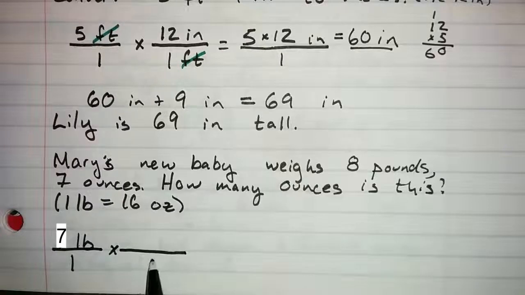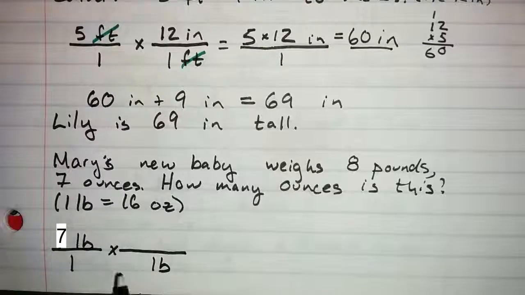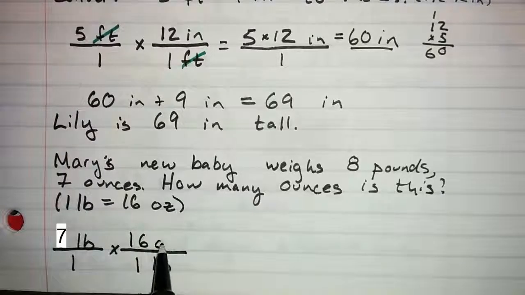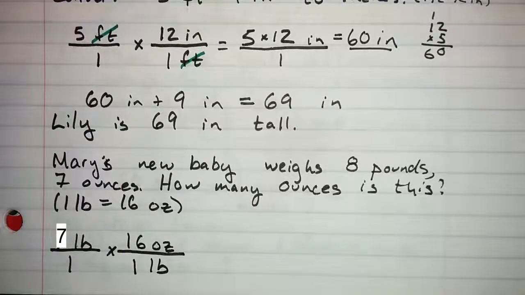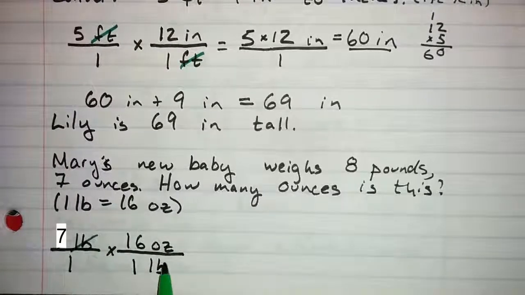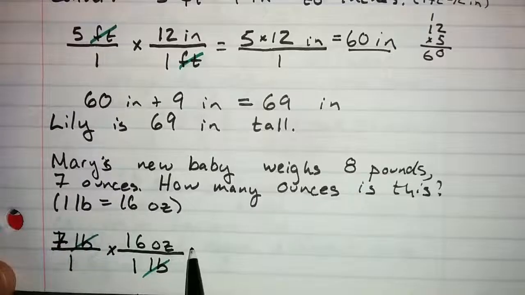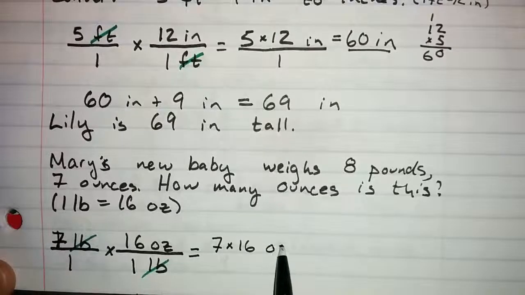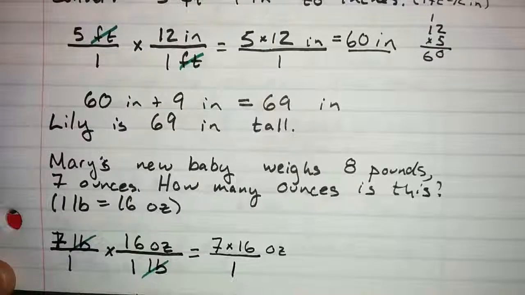We want to get rid of pounds, so we'll have 1 pound in the denominator, 16 ounces in the numerator. We notice that those do indeed cancel, so we'll have 8 times 16 ounces over 1.